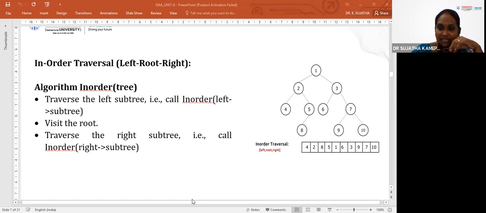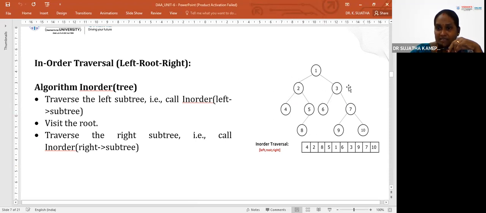In the case of binary search trees, the in-order traversal gives nodes in non-decreasing order. To get the nodes of a binary search tree in non-increasing order, a variation of in-order traversal, where the in-order traversal is reversed, can be used.